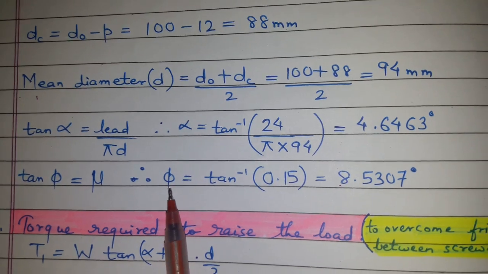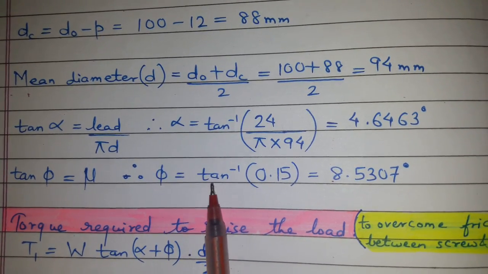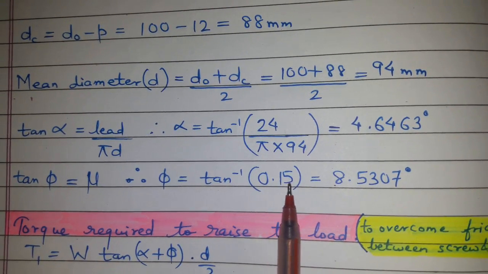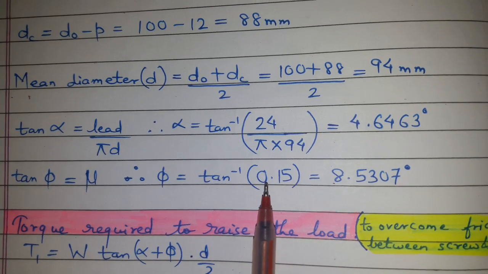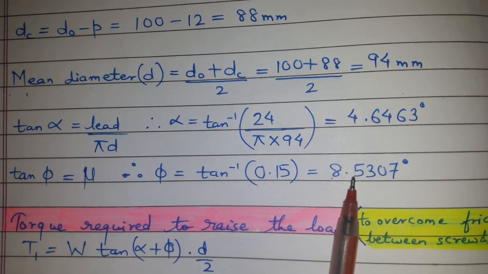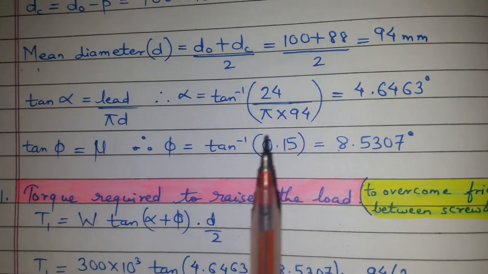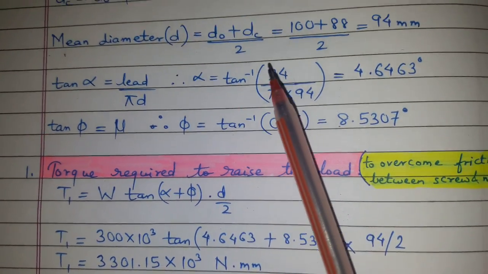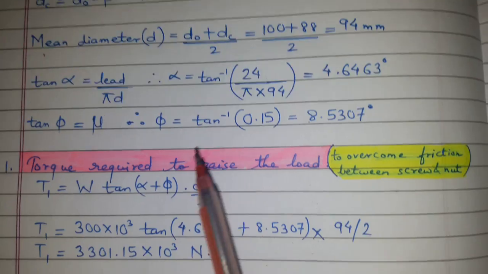So phi is equal to tan inverse 0.15, that is the given coefficient of friction in the problem. So we got phi is equal to 8.5307 degrees.